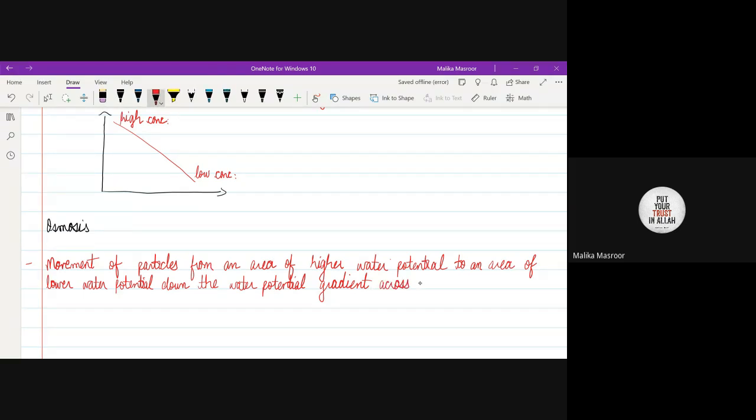Again, this is also a passive process and does not require energy.